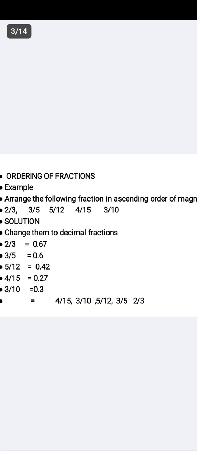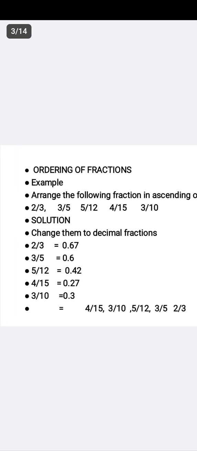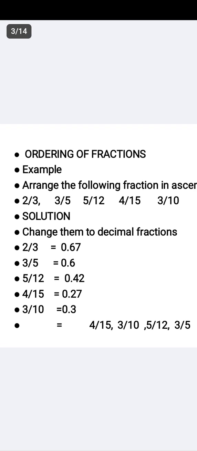And when we want to convert these fractions into their decimal form, you see 2/3 becomes 0.67. 3/5 becomes 0.6. 5/12 becomes 0.42. 4/15 becomes 0.27, while 3/10 becomes 0.3.